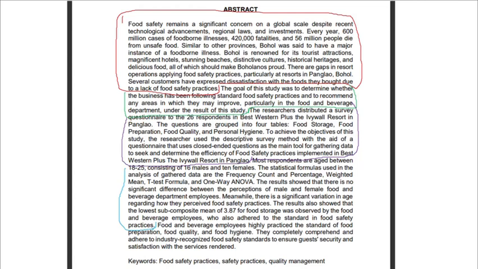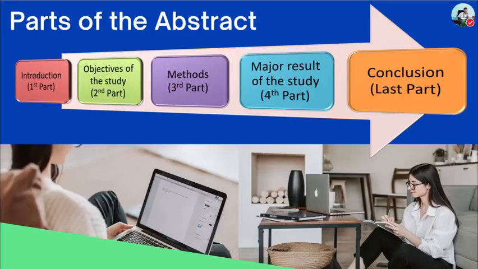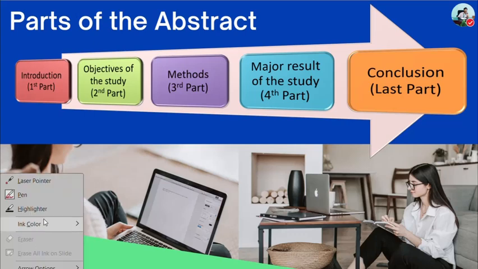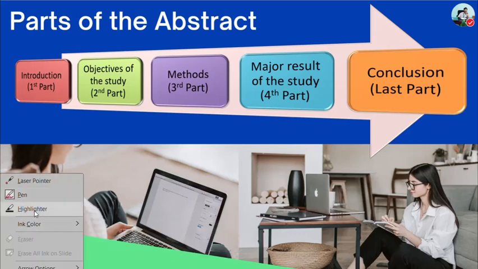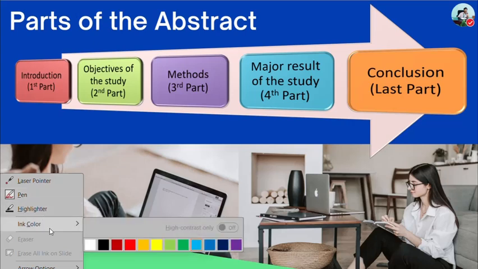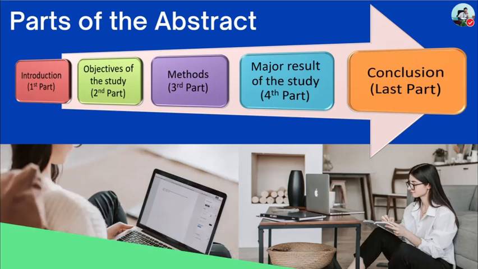So this is the part for the key findings or the major results of the study. And lastly, the last part would be the conclusion. We're going to use orange for the conclusion.